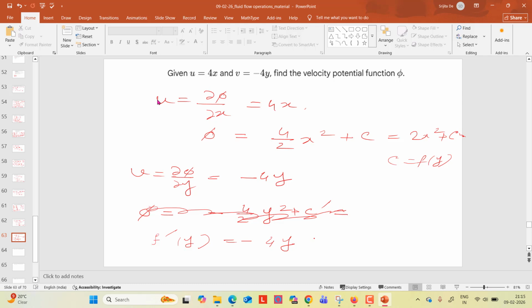So now if we integrate f dash y, f(y) equals to, f dash y means ∂f/∂y, right? It is coming as minus 4 by 2 y square plus c.